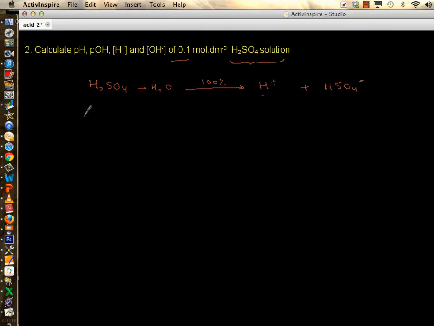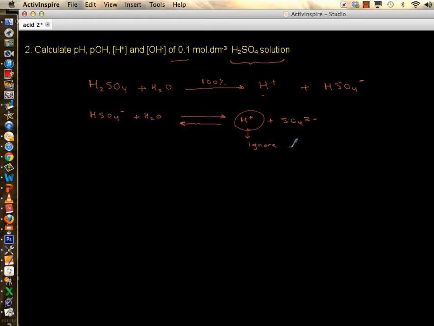The second hydrogen from hydrogen sulfate goes through an equilibrium which has a very small equilibrium constant, and it gives you a small quantity of hydrogen plus sulfate ion. So for sake of simplicity, we are going to ignore this value.